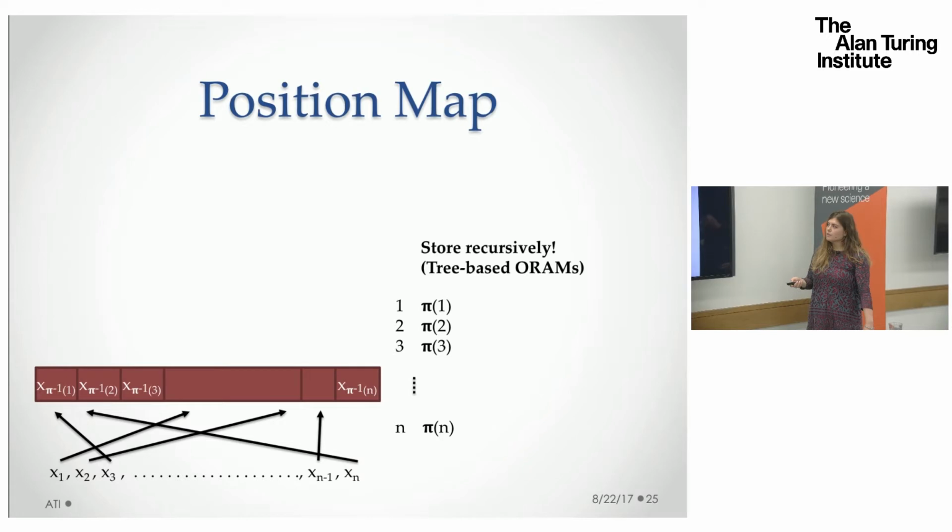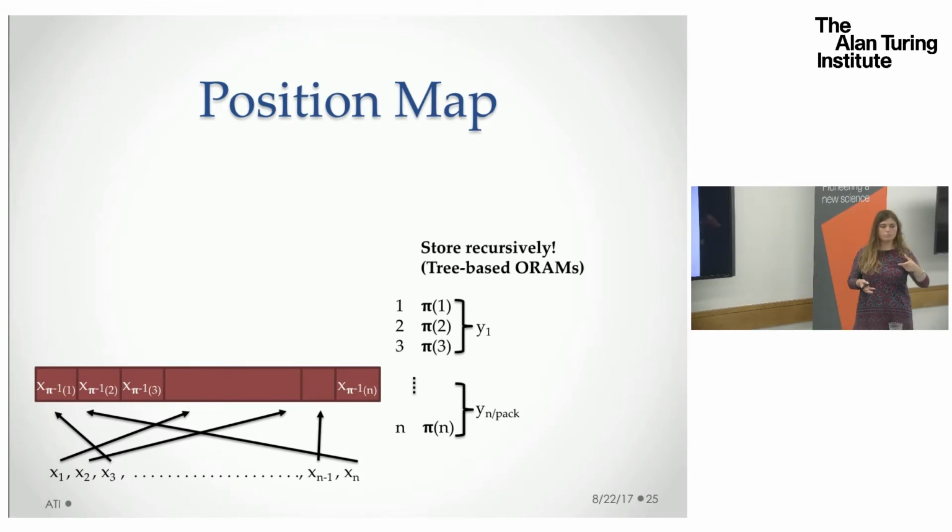Then we will store this information recursively, which is what's happening in all of the 3 ORAM constructions. What this means is that we take these pairs, we pack several of them, and we call them a new item. So now we get at least maybe twice as few items. Maybe you have a larger compaction rate.